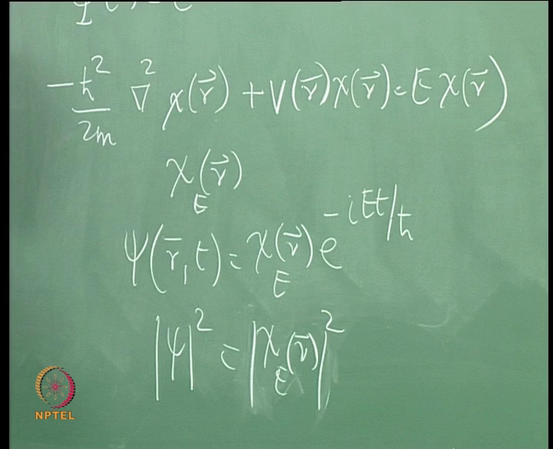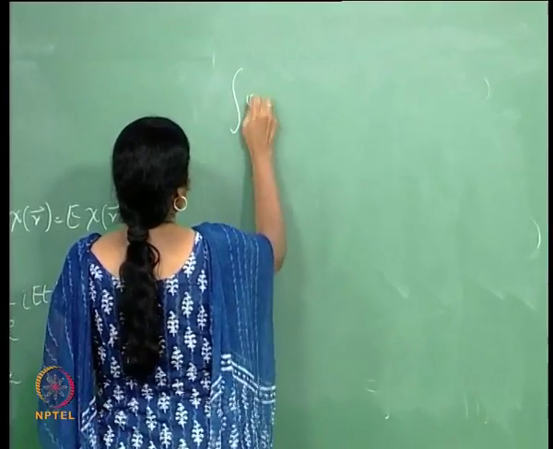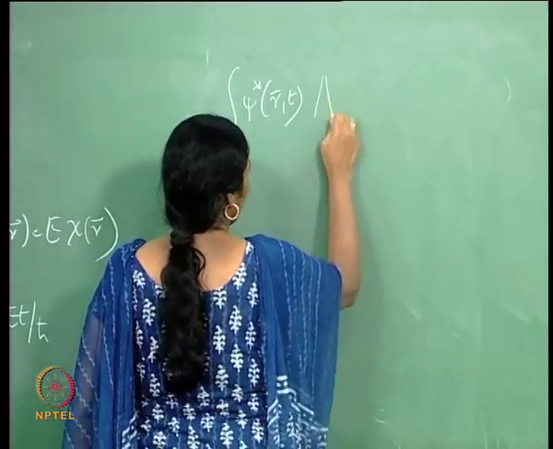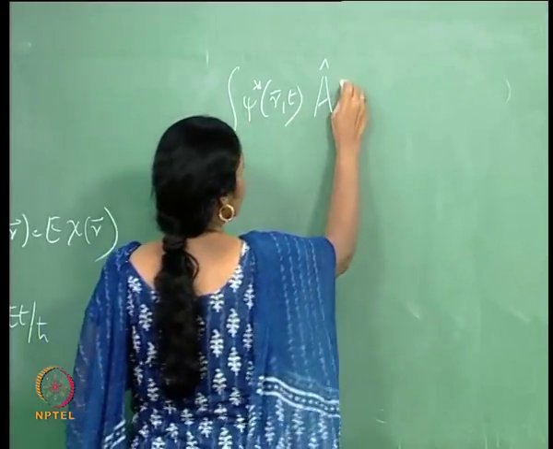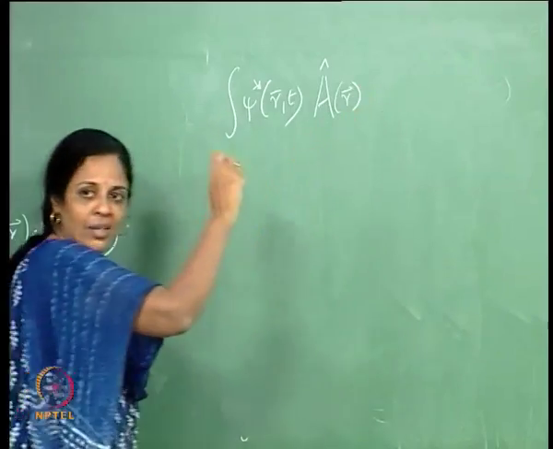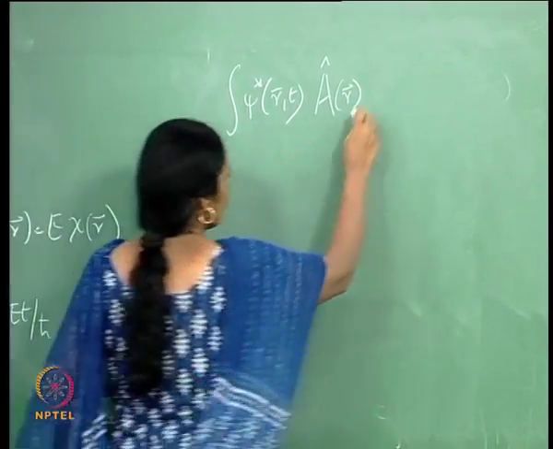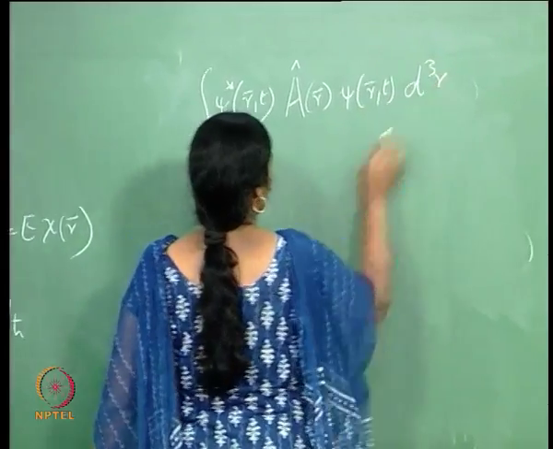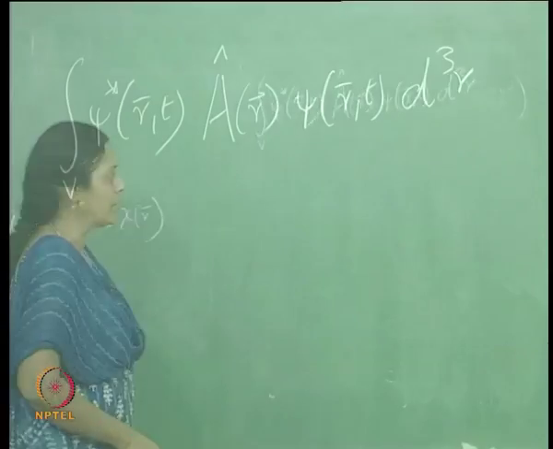Equally true that if I take the expectation value of any operator in the state ψ(r,t), that is like saying ψ star(r,t), some operator, let me say A, which is of course written as a function of r. We will have to write it in the position basis, ψ(r,t) d cubed r, that is over the entire volume of integration.